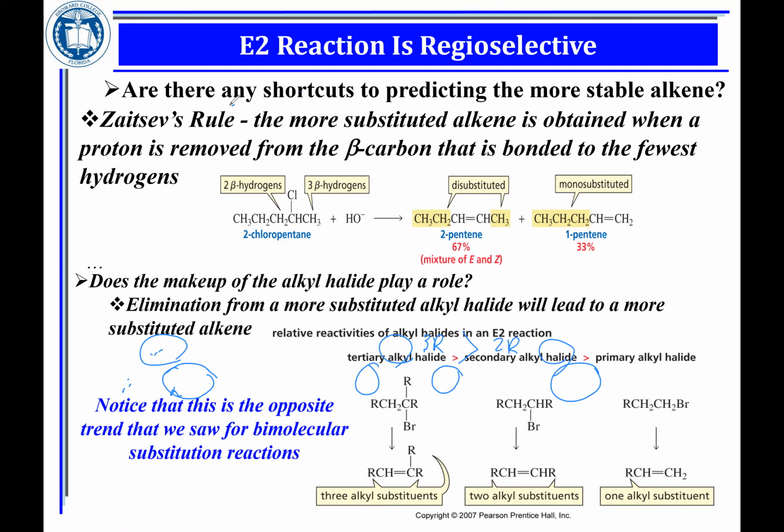Okay, and here is the rule for you. Whenever possible, the more substituted alkene is more stable, and that would yield the major product.